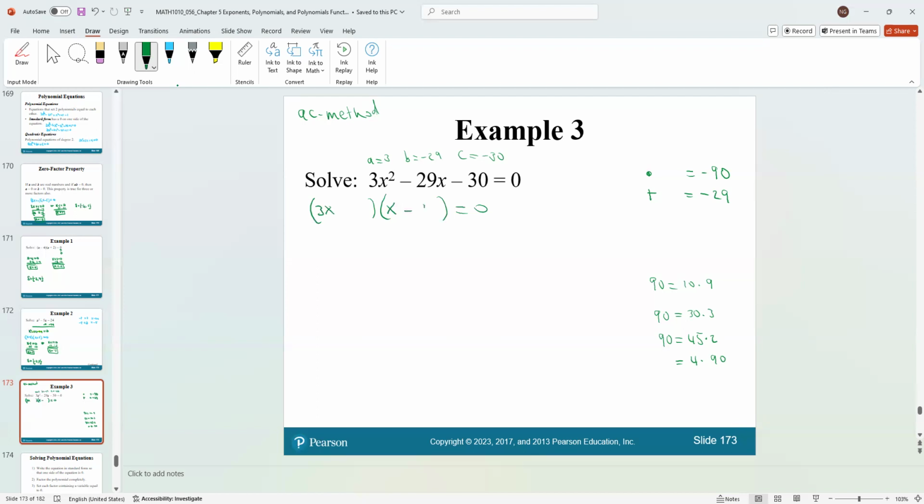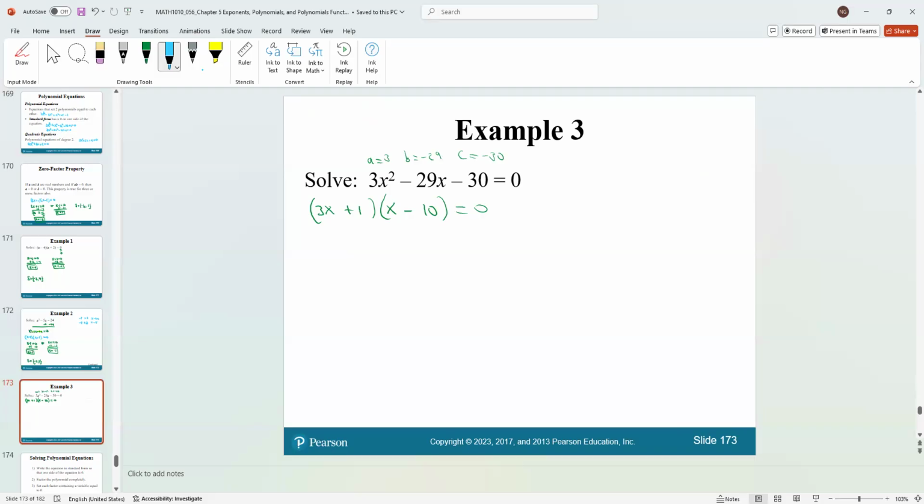So if I put negative 10 here and 1 here, you see we have negative 30x plus 1x. That gives you negative 29x, which is the middle term. So I try the AC method first. If the AC method looks a little bit complicated, it doesn't mean it's impossible, but if it does, we use the trial and error method.